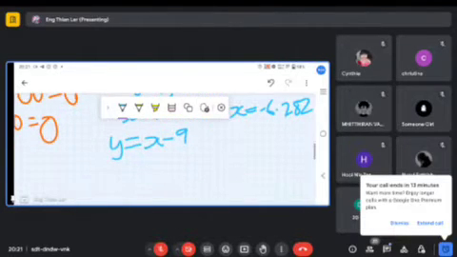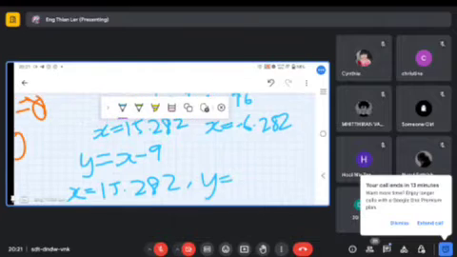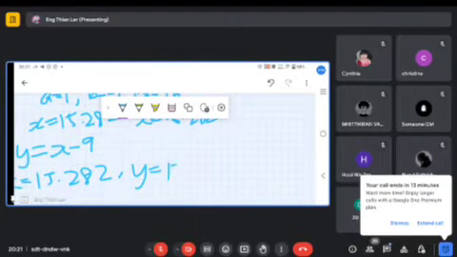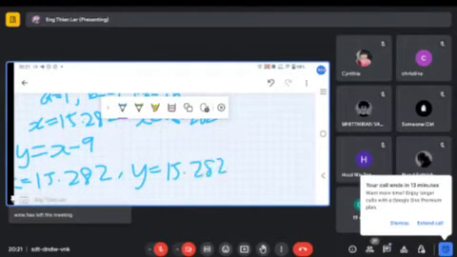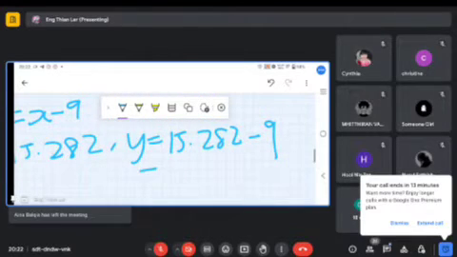And first, when x equal to 15.282, y equal to 15.282 minus 9. So we will get 6.282 for the first y.